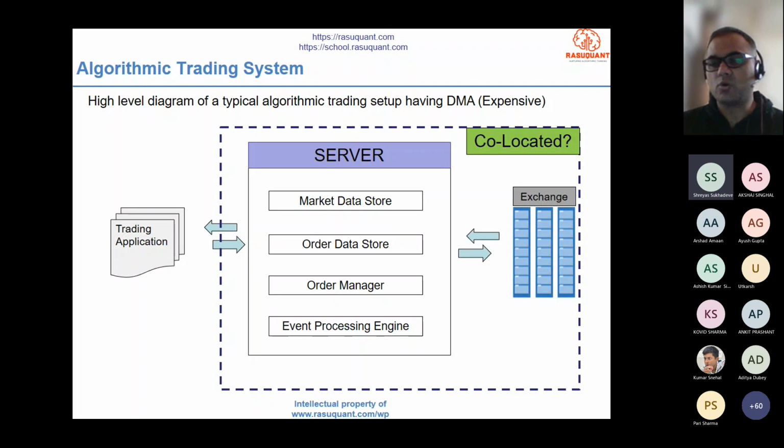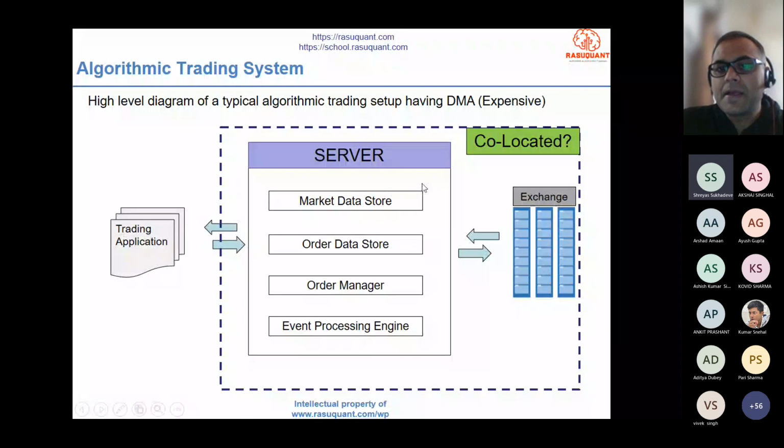For example, if the market goes above a certain level, do this. If there is a disconnection, do that. If there is an error, exit gracefully, and things like that. So you will have to have this event processing engine as well.